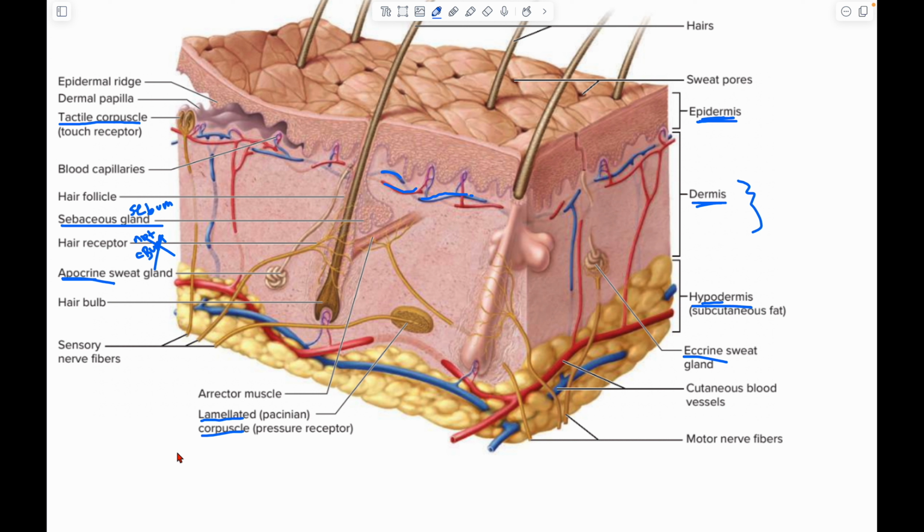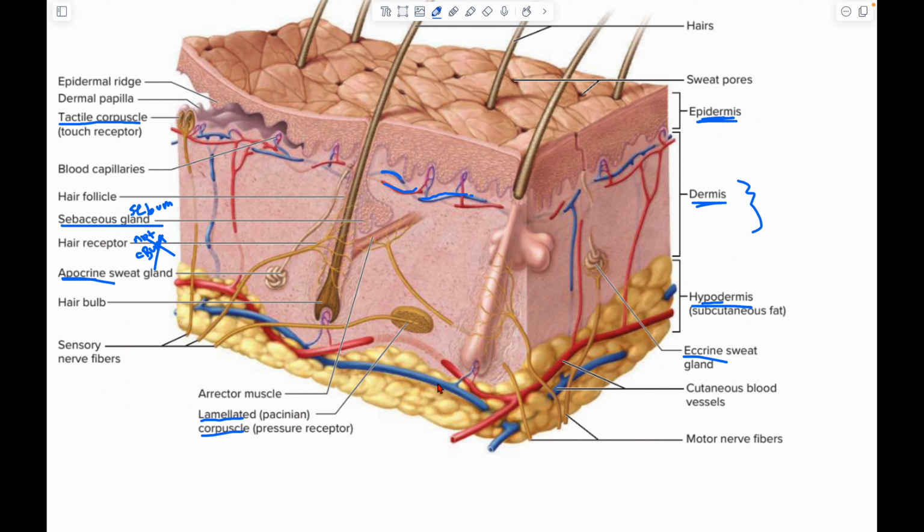So the tactile is the touch receptor for light touches, and the lamellated is the pressure receptor for deeper touches. These receptors allow us to detect temperature changes, pain, and touch, which makes the skin our most extensive sensory organ, and the most important.